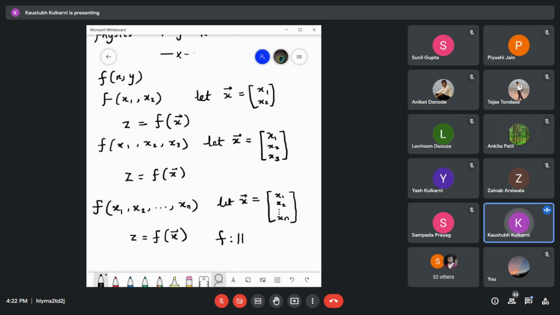In general all of these individually, x1 x2 xn, are real numbers. So we can say that we are mapping an n-tuple to the values of a single variable, that is a single real number.